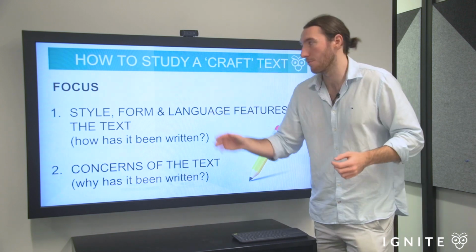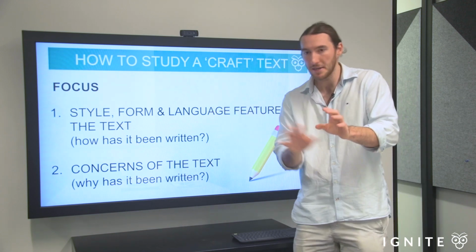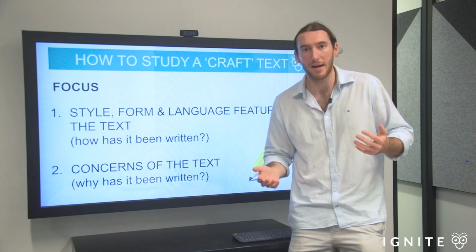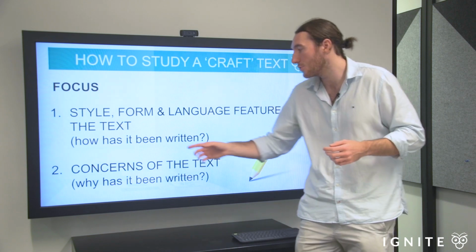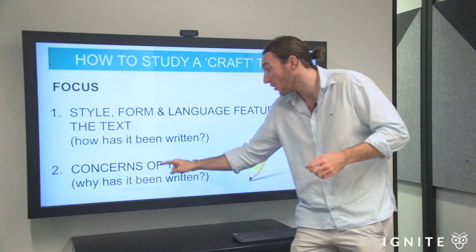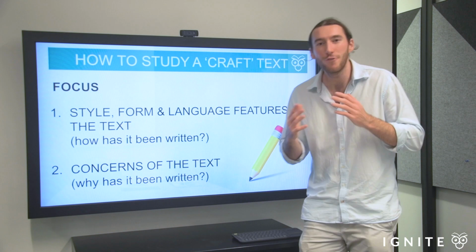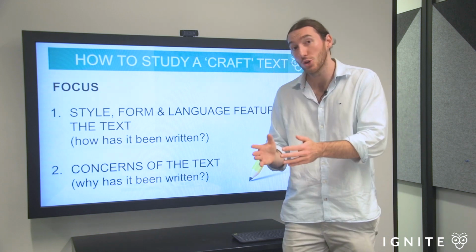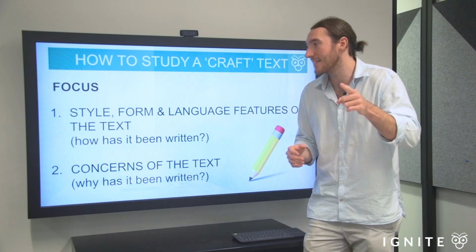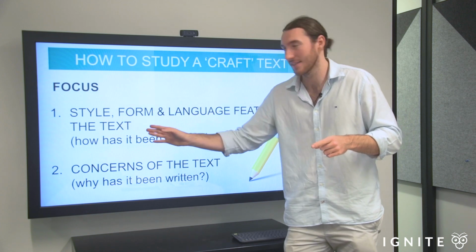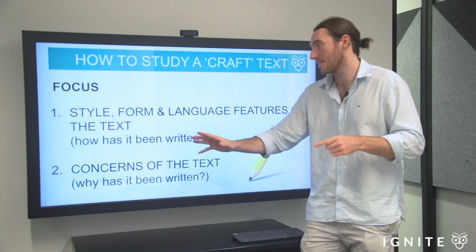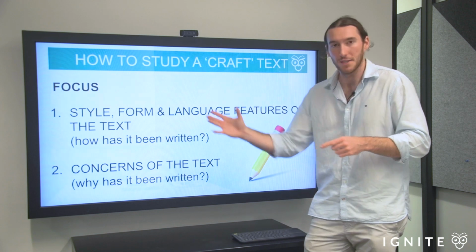Here's what you need to focus on when you look at a text. So instead of just reading a text and saying, oh, I know what the text is about. Look, that's fine. You do need to be concerned with the concerns of the text, the themes and what it's trying to explore. But I think first and foremost, when you're looking at a Module C text, you need to be paying attention to the style of the text, the form of the text, the language features of the text.